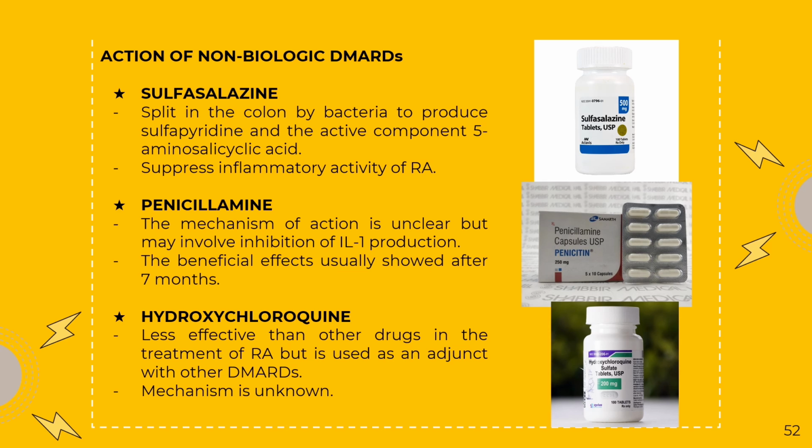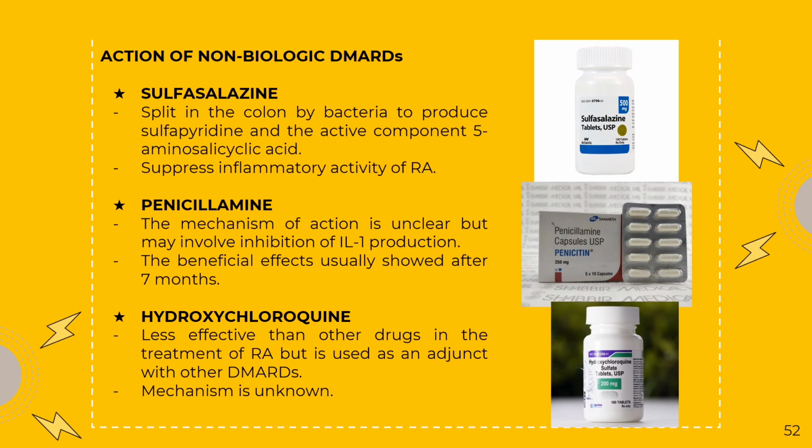Its function is to suppress the inflammatory activity of rheumatoid arthritis, and it is usually used together with methotrexate. The third one is penicillamine. The mechanism of action is unclear, but may involve inhibition of interleukin-1 production. The beneficial effects of this drug usually show after 7 months.